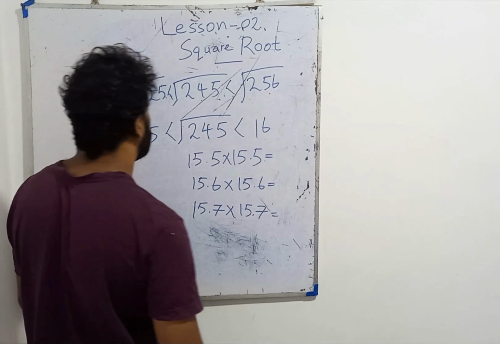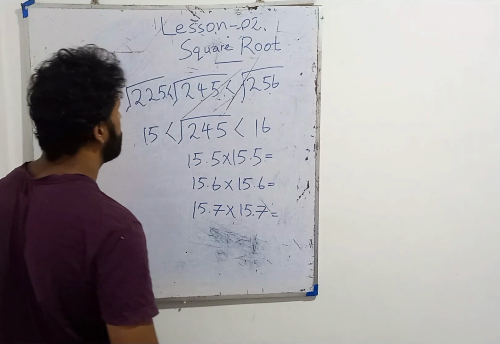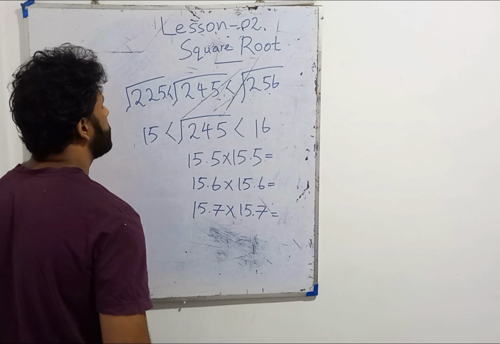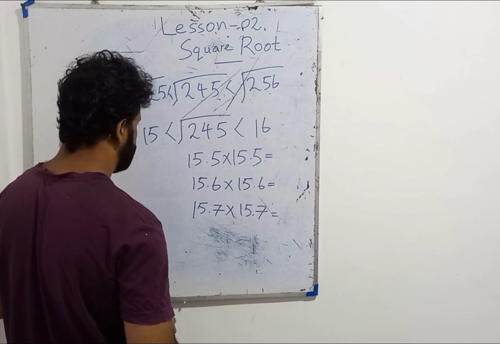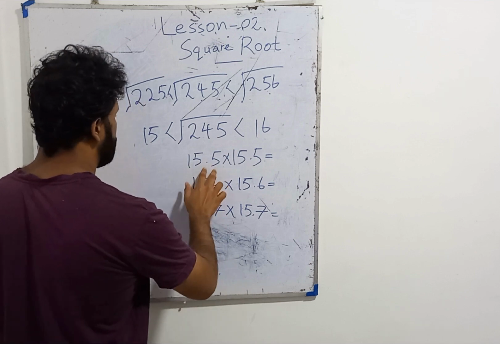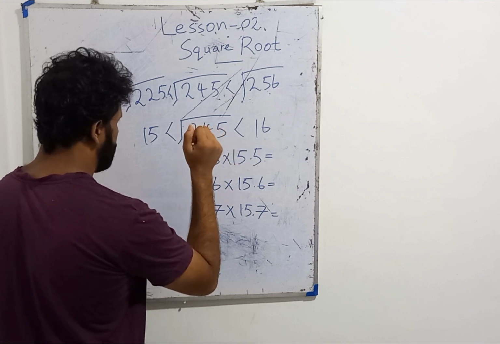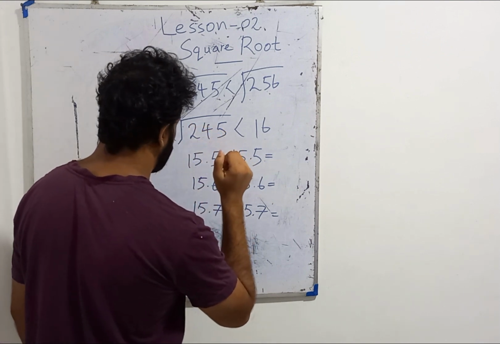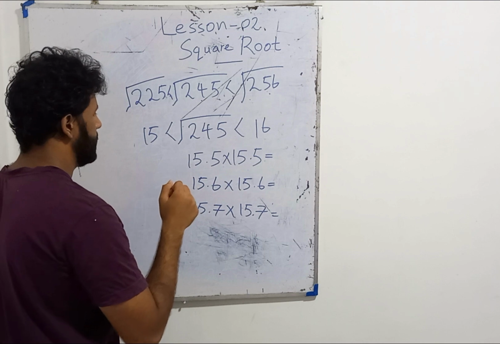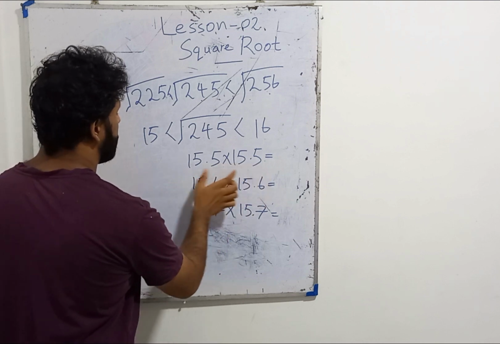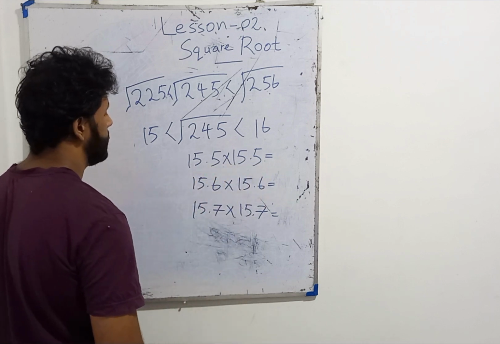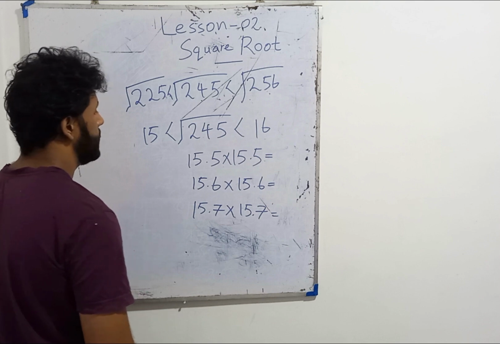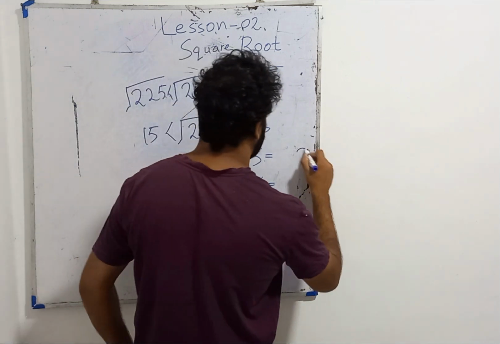Then, how to multiply something like this? Very simple. First of all, I think I told you something: for numbers like this, I'm going to multiply using a very simple method. This is going to be 25.